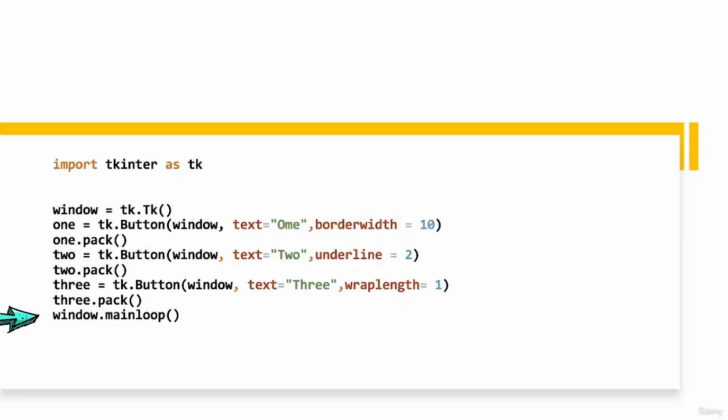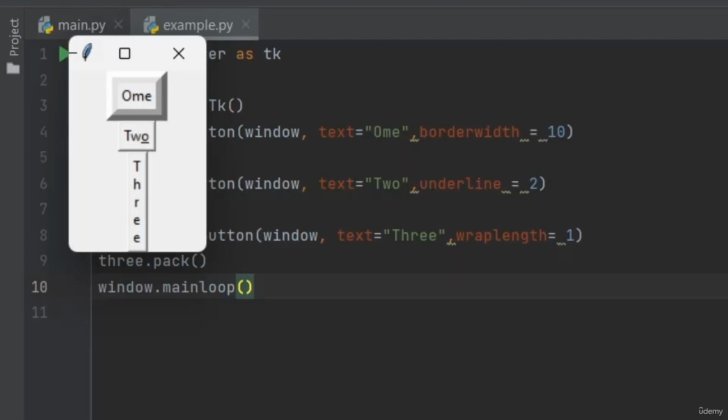So as we run our code, you can see 3 widgets on our window. The first button is in 3D form. The second button, third letter, is underlined, and the third button is in vertical form.